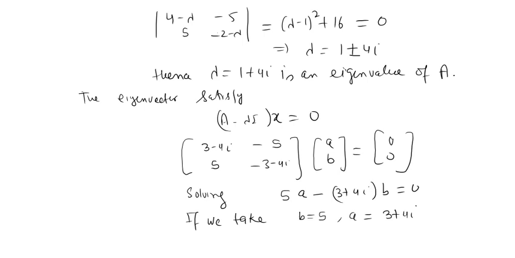So now the eigenvector is complex. Eigenvalue is lambda equal to 1 plus 4 iota, and corresponding eigenvector is 3 plus 4 iota, 5.